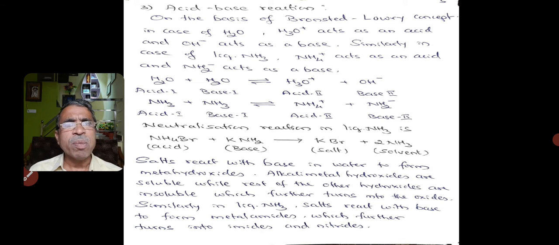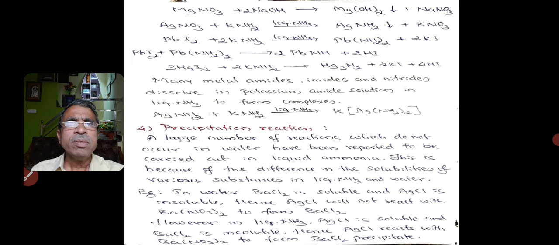Similarly, in liquid ammonia, salts react with base to form metal amides, which further turn into imides and nitrides. Here I have given an example. Magnesium nitrate, when it is treated with sodium hydroxide, we get magnesium hydroxide precipitate and sodium nitrate.